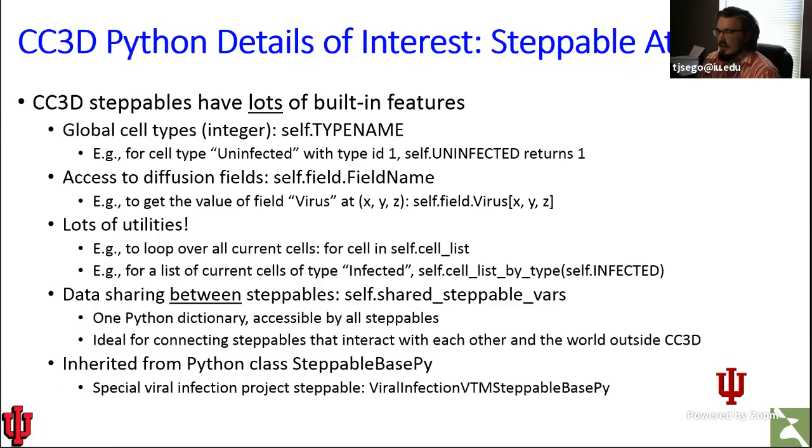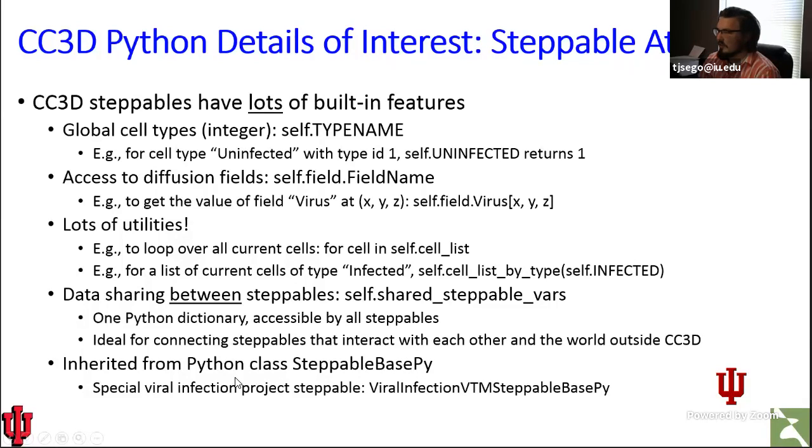Now, lastly, all of this functionality is defined on a Python class that all of our steppables will inherit from. We'll see this when we actually get into the code. We'll do some minor changes concerning this, but as we get into the steppables, we'll notice that all of the steppables that are defined will inherit from something like a Python class called SteppableBasePy. So all of these features are defined on those classes.